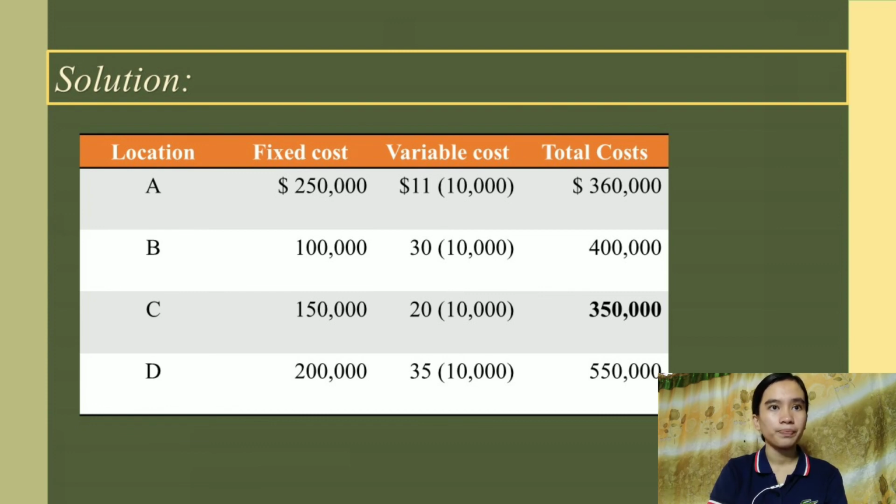Location C, which we get by adding 150,000 plus 20 times 10,000, or 200,000, equals 350,000. And location D, with 200,000 and 350,000, is equivalent to 550,000. So since location C has the lowest total cost, the company will choose this location eventually.